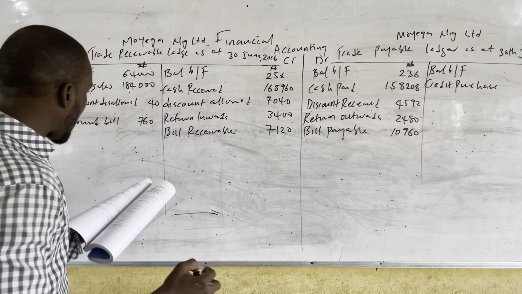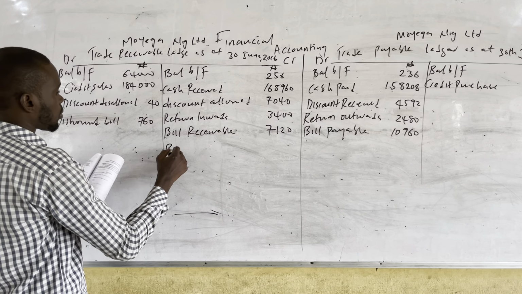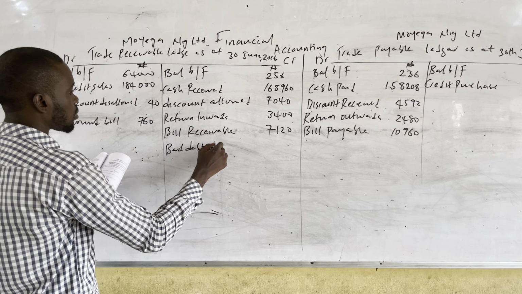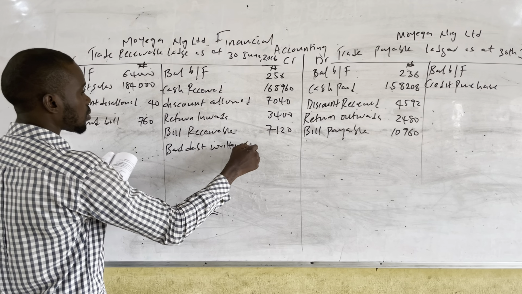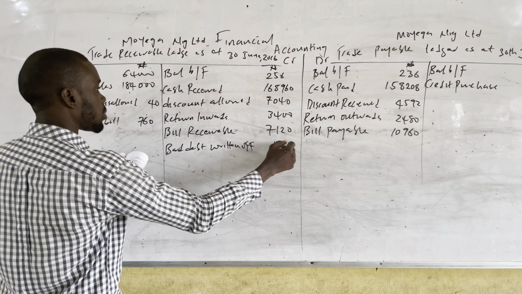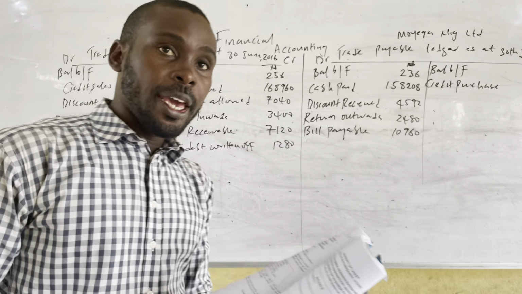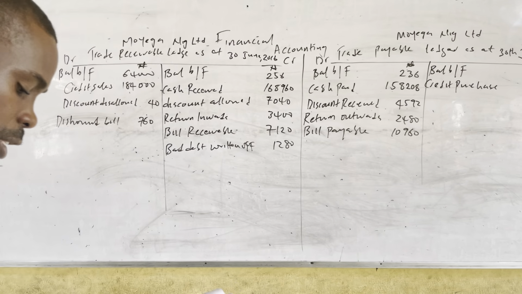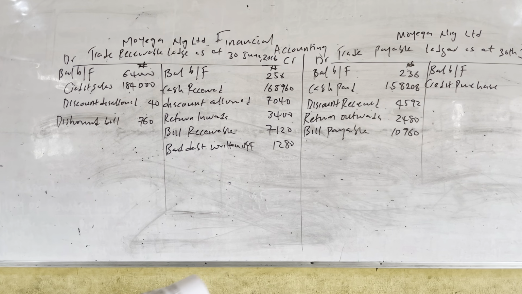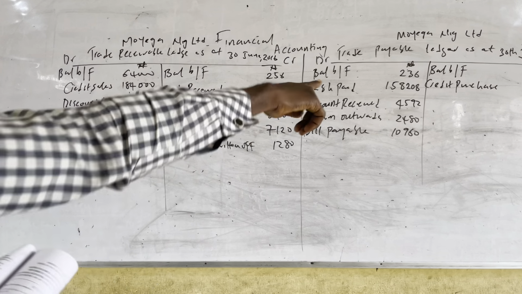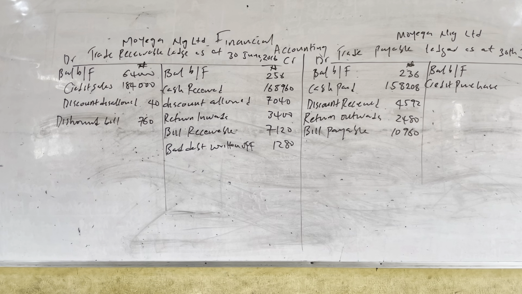Then the next one is bad debt written off. How much is it? Okay. So let's quickly go. It says a debit balance in the purchase ledger. That's the purchase ledger there. This purchase ledger, this sales ledger. Am I making sense there?